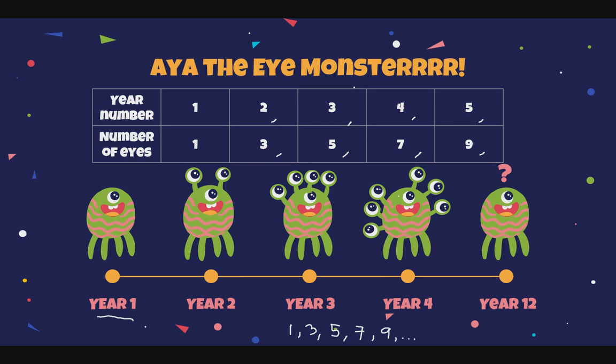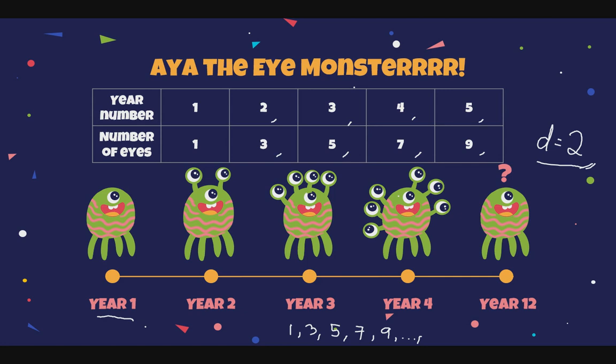Why? Because clearly this is an example of an arithmetic sequence where the common difference is equal to what? Very good. The common difference is equal to 2. It has a consistent difference.